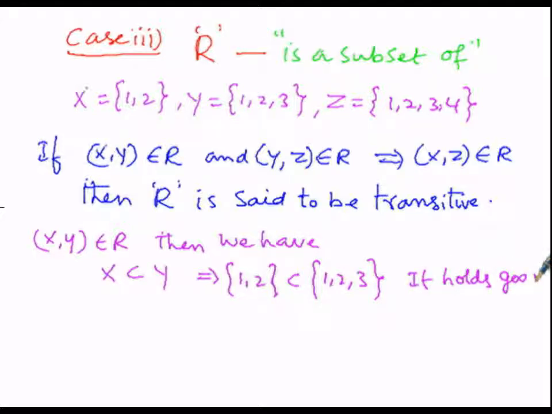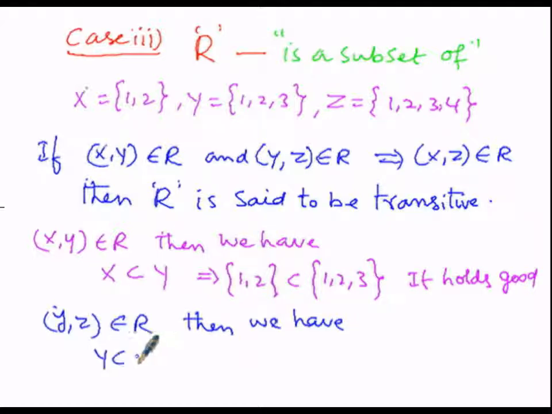Then now let us see the second case, y comma z belongs to R. Here the relation is a subset of, so y must be a subset of z. That implies the second set, y, elements 1 comma 2 comma 3, is a subset of z elements, 1 2 3 4.